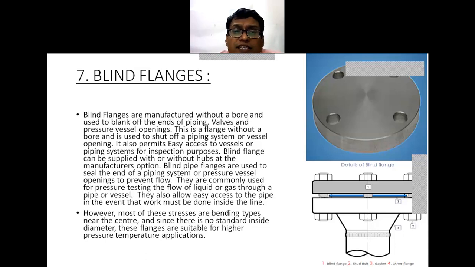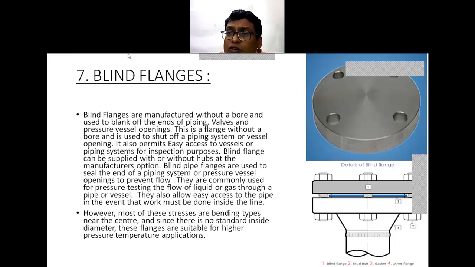These blind flanges are manufactured without a bore and used to blank off the end of piping and pressure vessel openings. So flow is restricted; it is blind, there is no further movement, there is no hole, no bore inside. That is what a blind flange is.